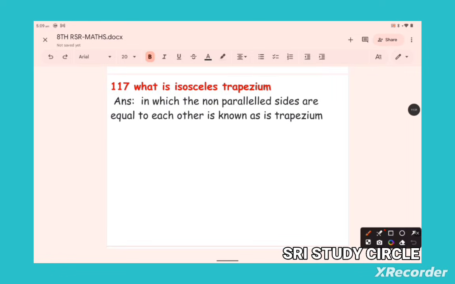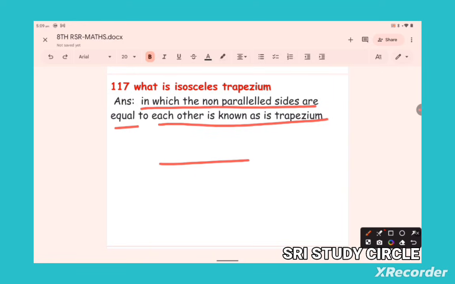Next question. What is an isosceles trapezium? In a trapezium, if the lengths of the non-parallel sides are equal, then such a trapezium is known as an isosceles trapezium.